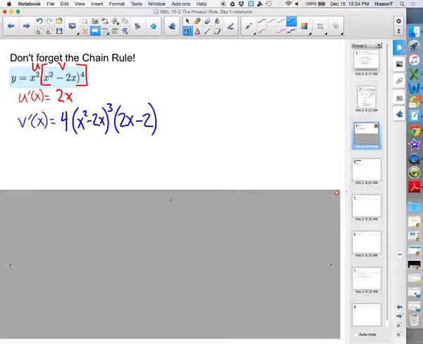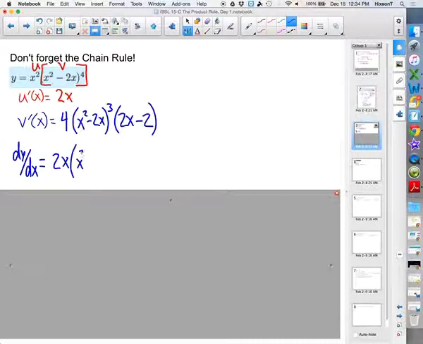Now the cool thing about this is that simplifying it is not quite as hard as it may look. All right, let's write this out. dy/dx is u prime times v.